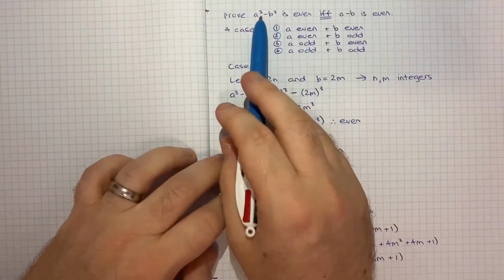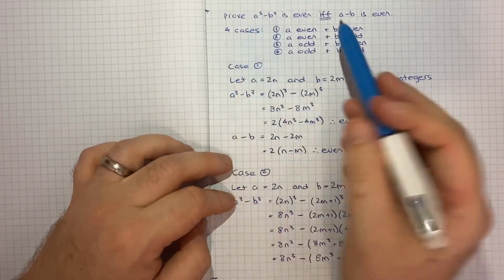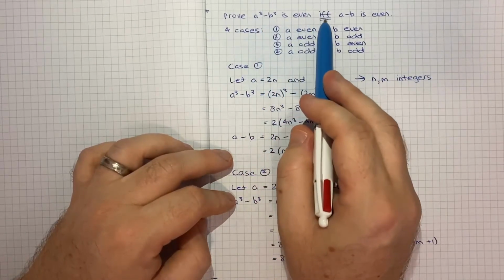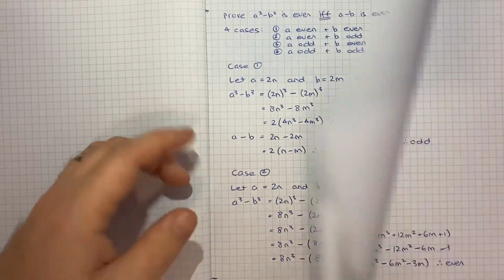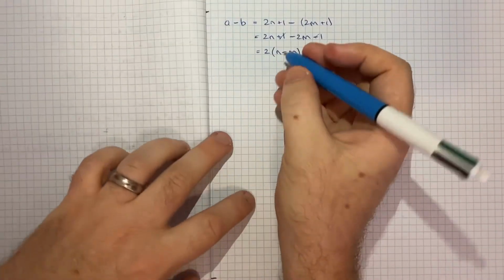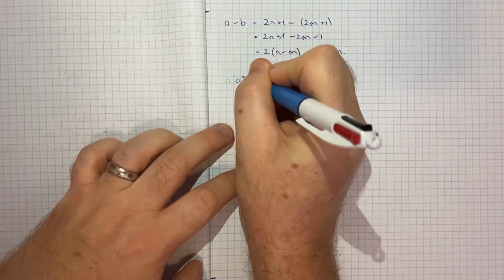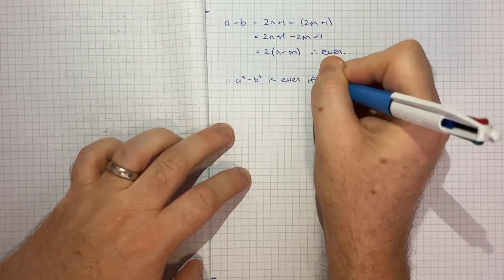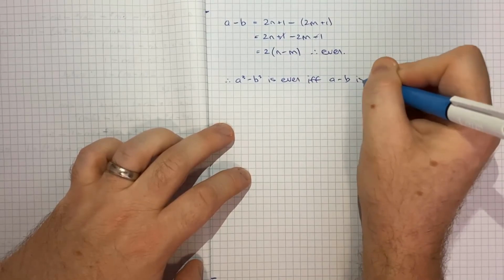So in terms of our conclusion, we can conclude that in all possible cases, a cubed minus b cubed is even if and only if a minus b is even. So that's what we can conclude. So therefore, a cubed minus b cubed is even if and only if a minus b is even.